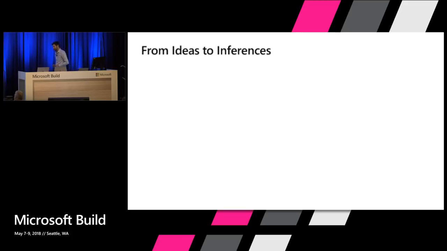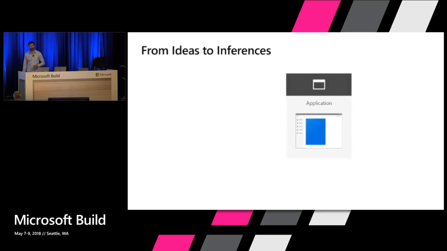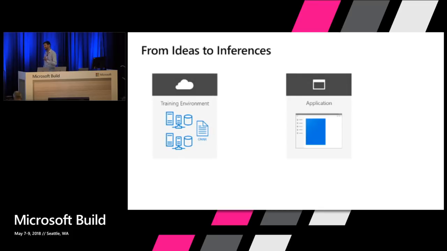Let's review the conceptual pattern at work here. We call this from ideas to inferences. We start with our application. Again, in our application, we ask, what is that hard question? Once we've identified that hard question, we can find the data that's pre-labeled with our desired result. And we can take that to the many offerings that Microsoft has in Azure to help us train a model.